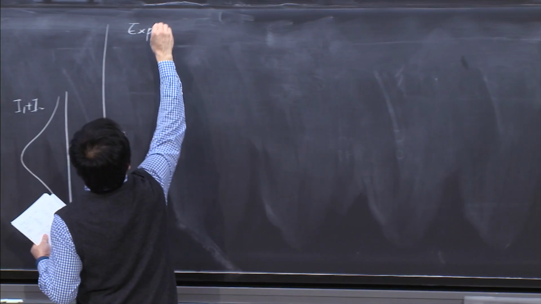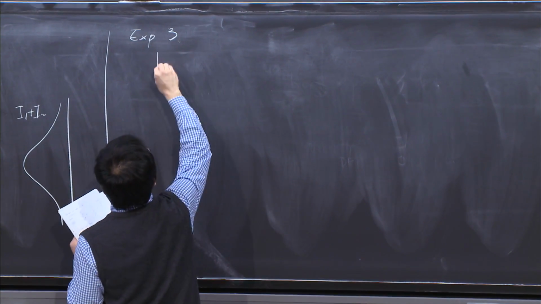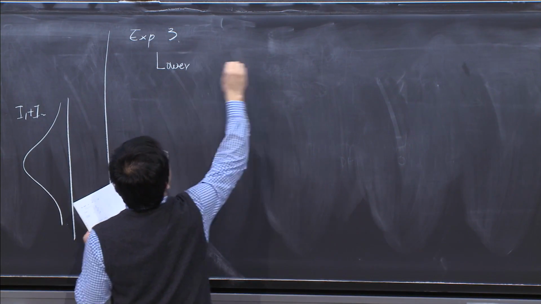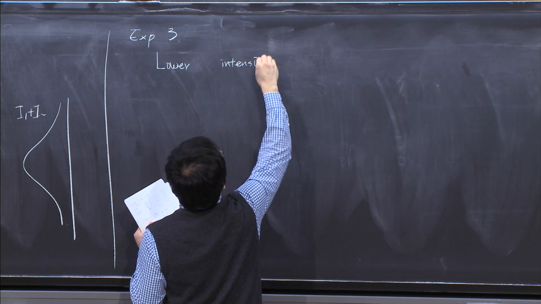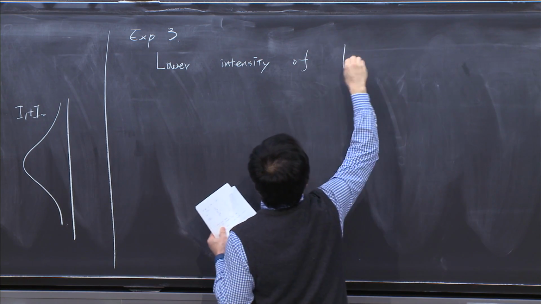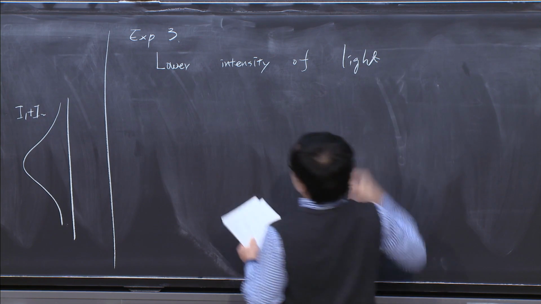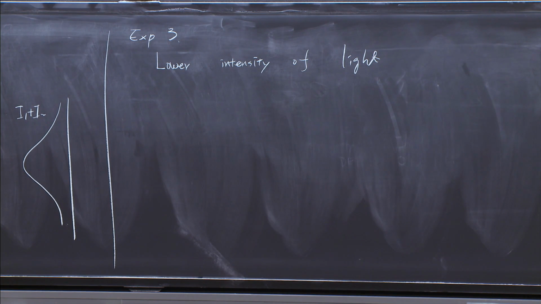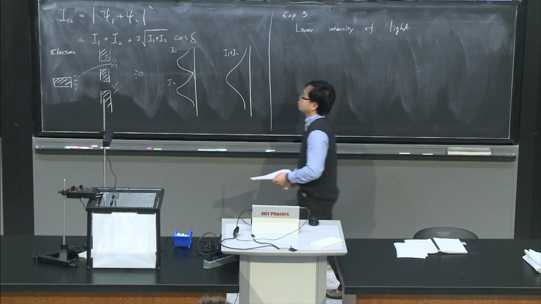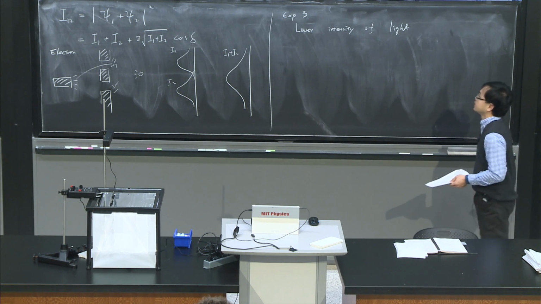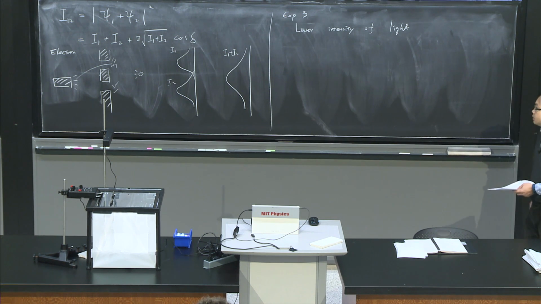Experimental result number 3 is to lower the intensity of the light. So what will happen if I lower the intensity of the light source, so that we can see the behavior as a function of intensity?